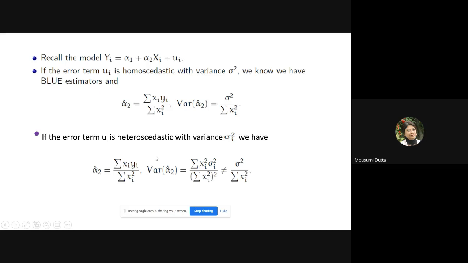And for that matter, this estimator will give erroneous conclusions. If you do something based on these variances, your inference will be wrong. So all these consequences will start.